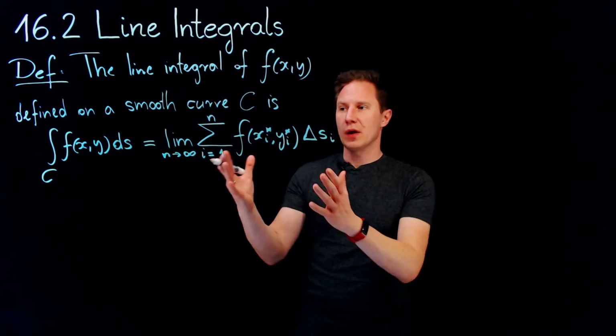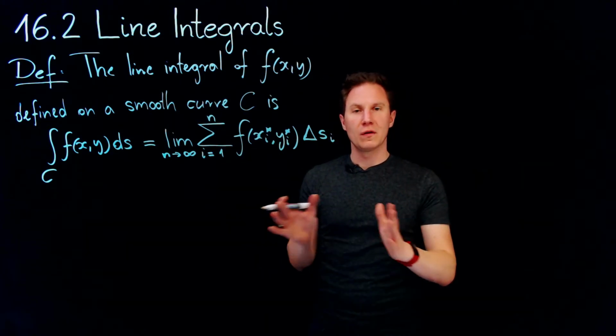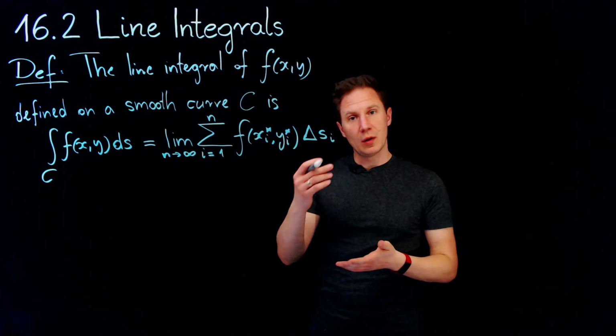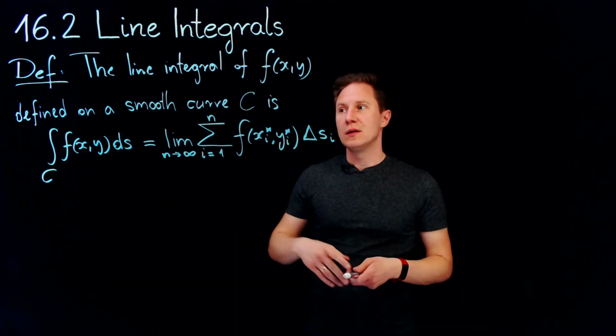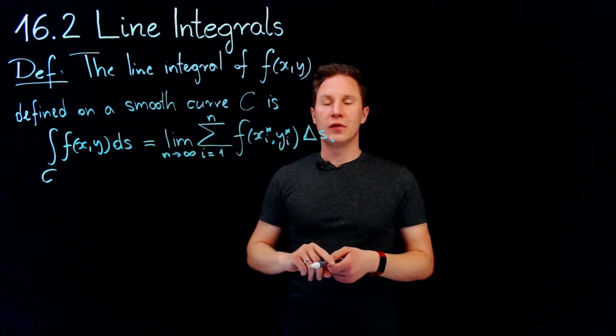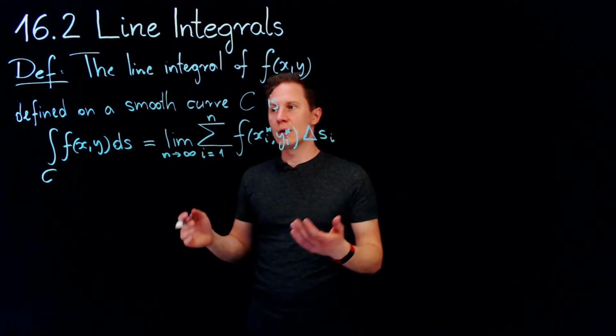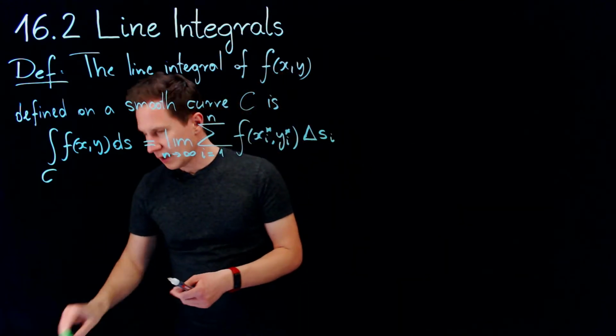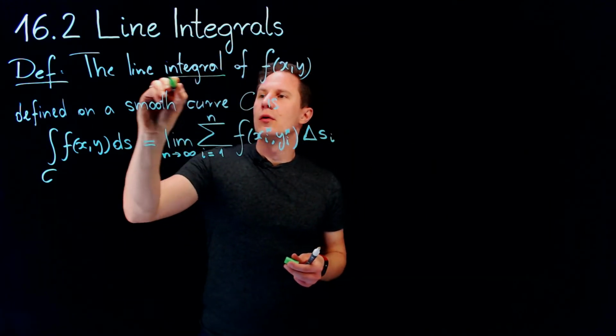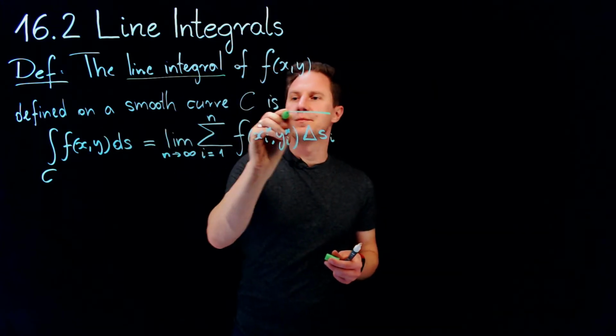We add these up and take the limit as the number of pieces goes to infinity. So we approximate better and better the integral of the function along that curve. So that's our line integral of a function.